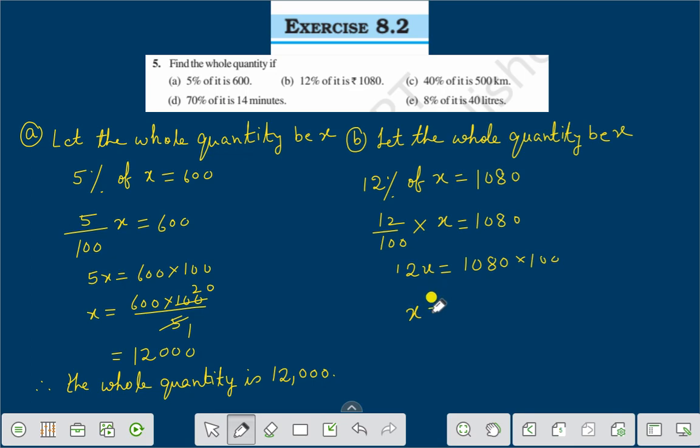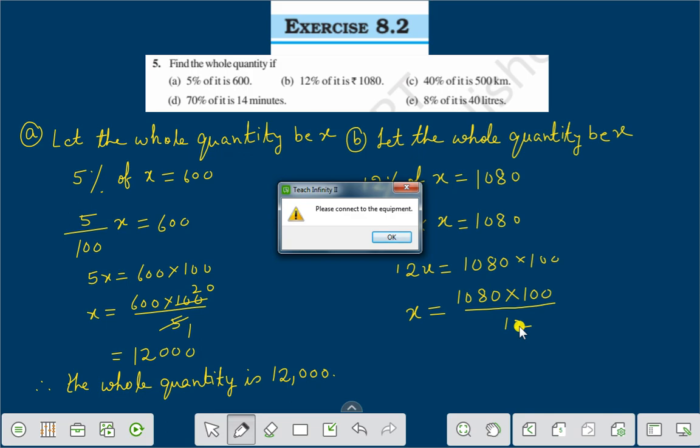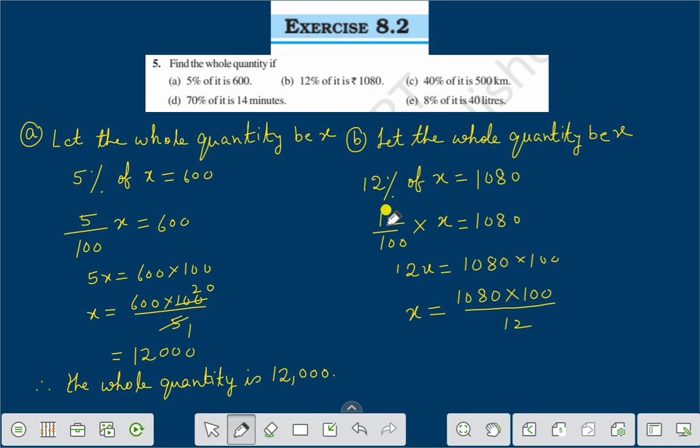Or x is equal to 1080 into 100 by 12. Now if we divide by 2, 2 sixes are 12, 2 fives are 10, 2 fours are 8 and 0. 6 nines are 54, 9, 0.